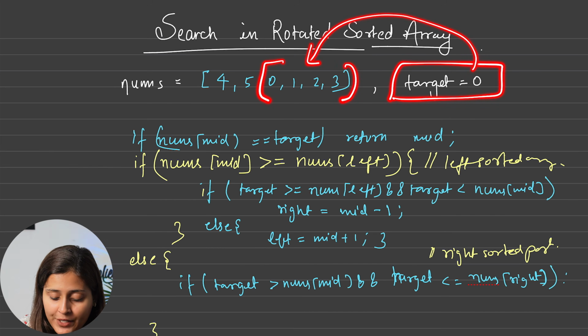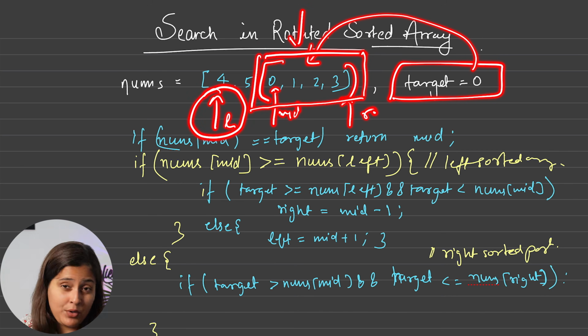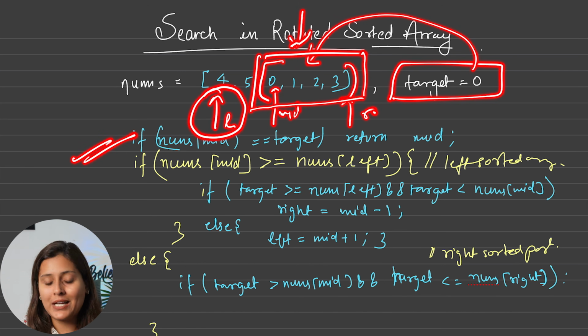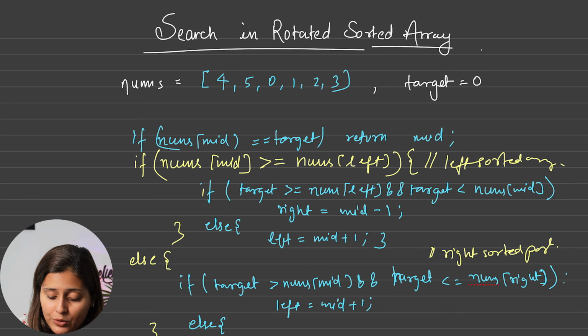If this is the case, we can say that yes, our target lies in this half part, and because our left pointer is here, mid pointer is here and right pointer is here, now I want to search in this right half part, so definitely I have to move my left pointer. Yes. And where to keep? Obviously mid plus 1, because if it was equal to mid, then this first if case would have passed, correct? Yes. So definitely I'll put my left pointer at mid plus 1, else if this is not a part, suppose our target was 4.